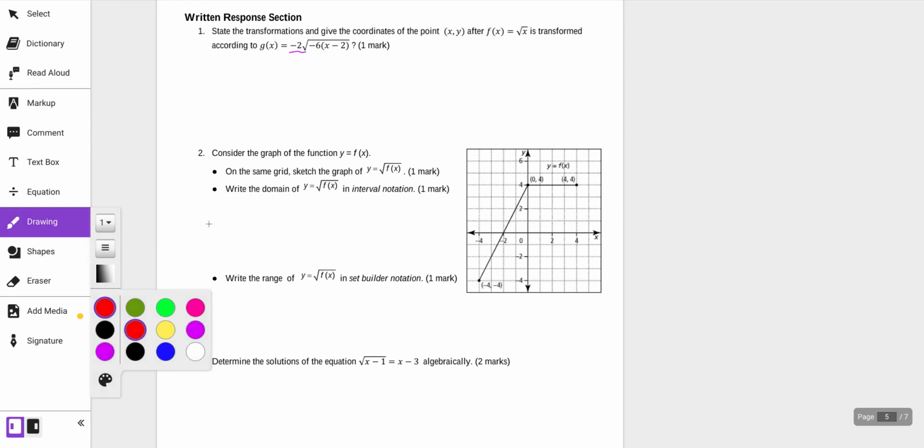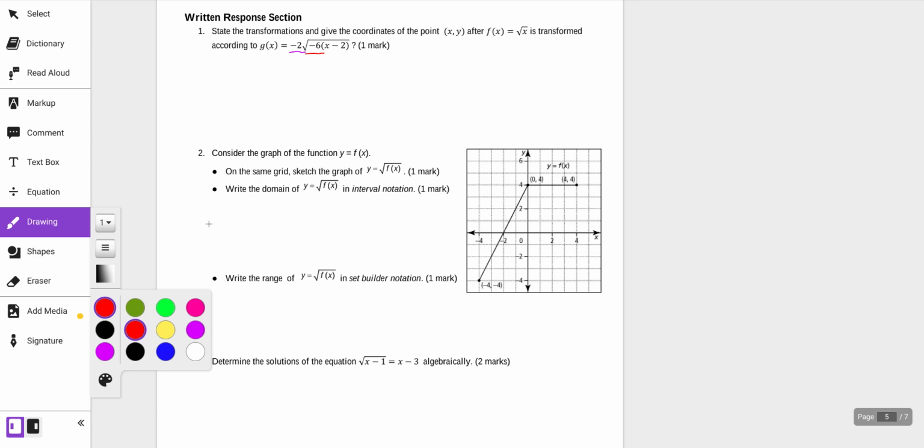Next one is this -6. The negative tells me that I'm doing a horizontal reflection about the y-axis. The 6 tells me that I'm doing a horizontal stretch by a factor of 1/6. So 1 over 6. Remember, horizontal stretches, you have to do the 1 over to figure out what it is.